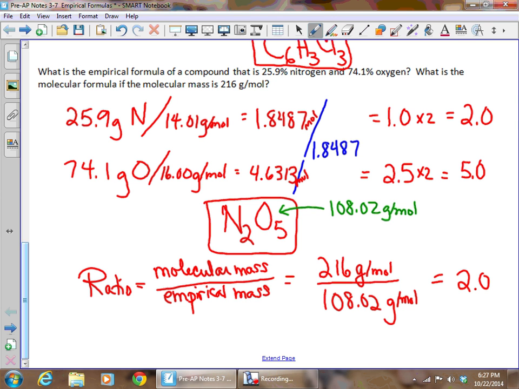What does that mean? It means that when we write the molecular formula of this, it's going to be twice as big as our empirical formula. So we need to multiply that 2 by 2, which is going to give us 4. For oxygen, it was 5, but multiplied by 2, that's going to give us 10. So our molecular formula for this compound is N4O10.